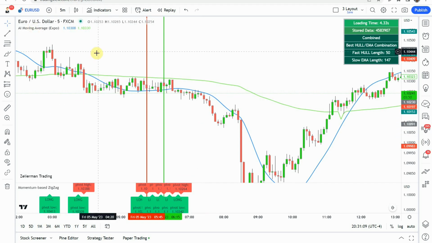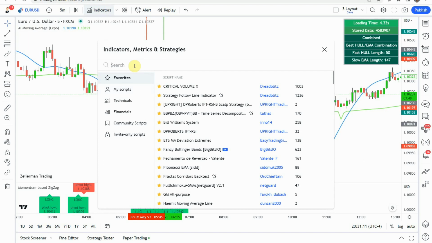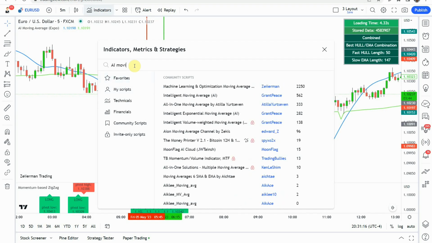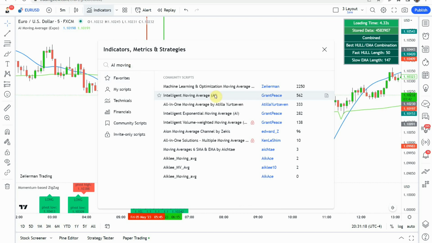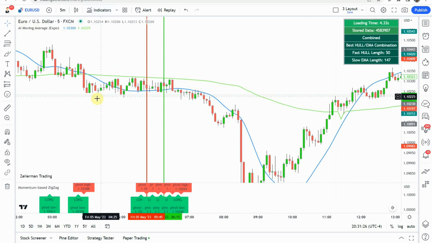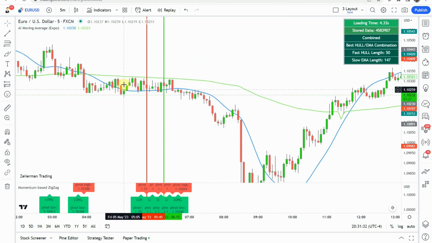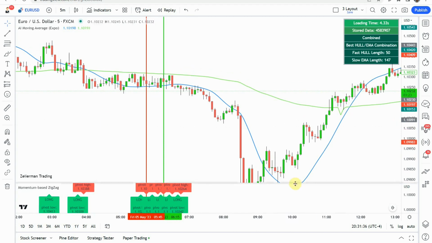First of all, let's look at our indicators here. So the first indicator we're going to put on screen is going to be the machine learning and optimized moving average by Zierman here. You'll put that on screen, and when you initially put it on screen, it won't actually have the moving average here, like this one here, these 2 moving averages.